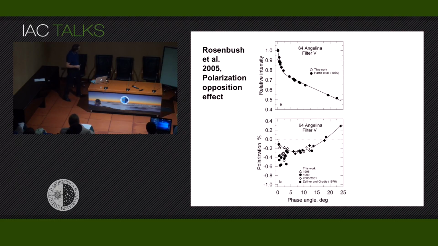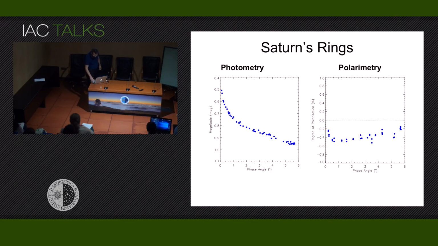We will need more observational evidence there, because I think it is interesting, but so far nobody else but Rosenbush et al. have actually obtained this kind of data, that there would possibly be another negative polarization peak there. This is an interesting possibility.